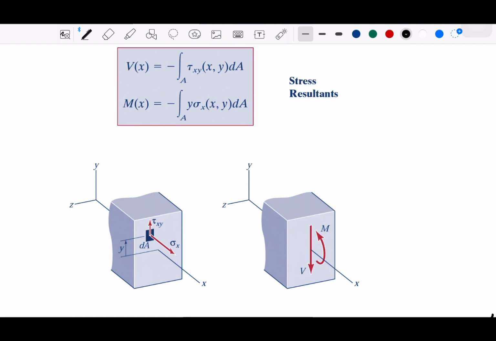It depends on how we see the elements. If the element is here, then this is our y, then this will be the moment. Okay? So we call this the stress resultant.